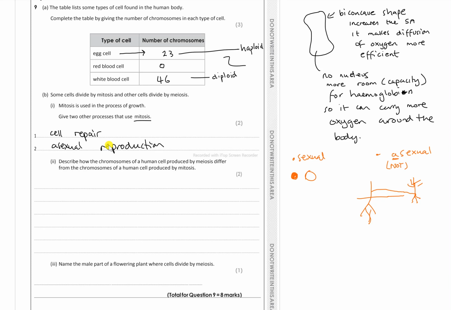plant on its own. Right, describe how the chromosomes of a human cell produced by meiosis differ from a human cell produced by mitosis. Right, meiosis, remember what we said about mito.